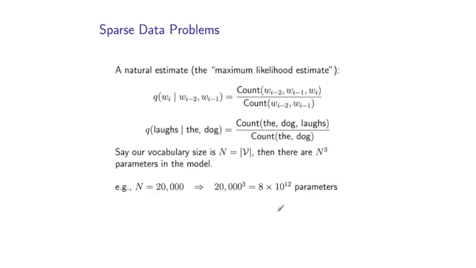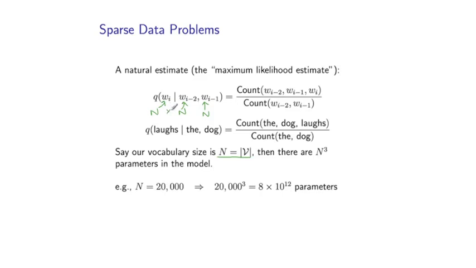But they do have a very clear problem, and that is the following. We have a huge number of parameters in our model. Even though we've made this assumption that we only condition on the previous two words at each point, we still have a very large number of parameters. So if we define n to be our vocabulary size, well, there are n possibilities for this word, n possibilities for this word, n possibilities for this word, plus one or two if we take the stop and start symbols into account.